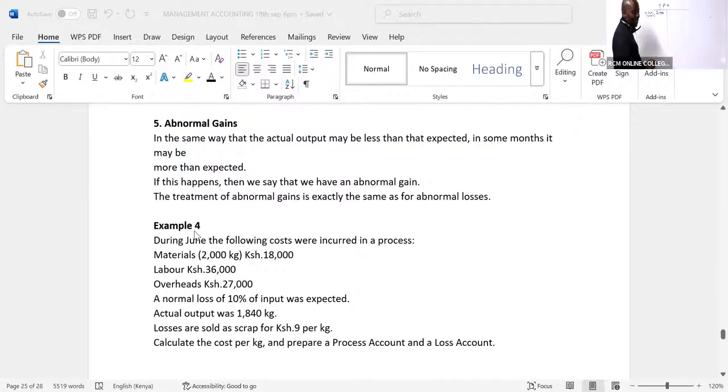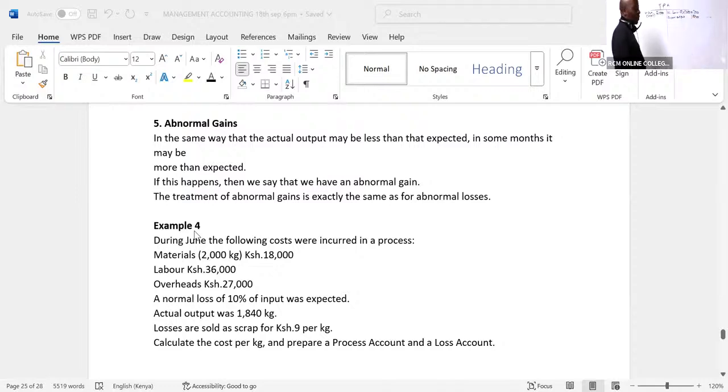Then, ladies and gentlemen, I go to the other side, I can see a normal loss of 10%. A normal loss of 10% of 2000 gives me 200. And then I can see an actual output of 1840.